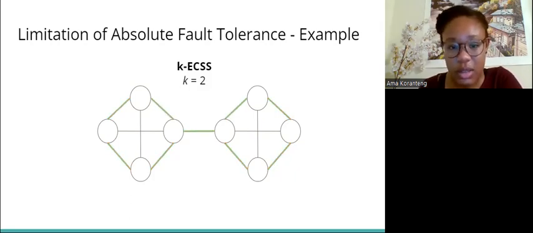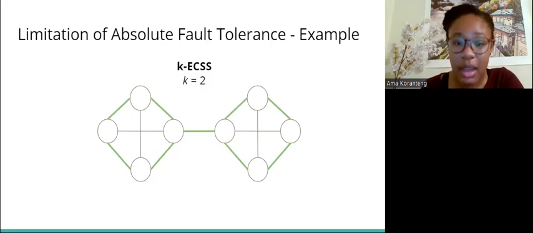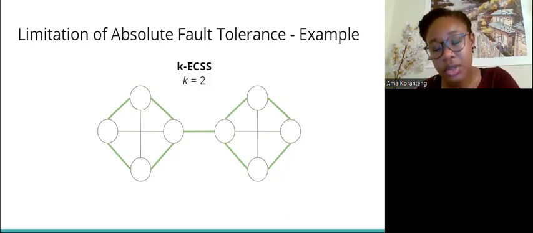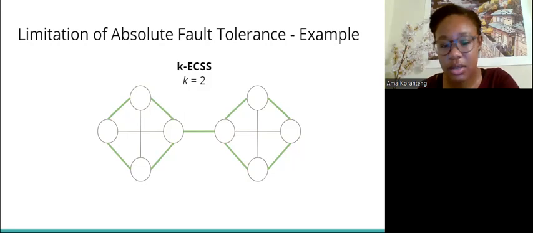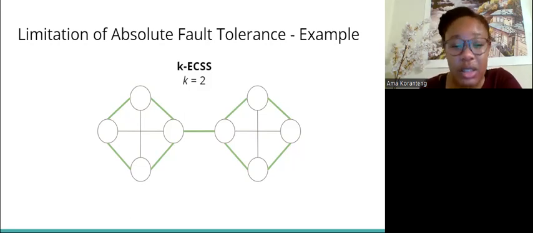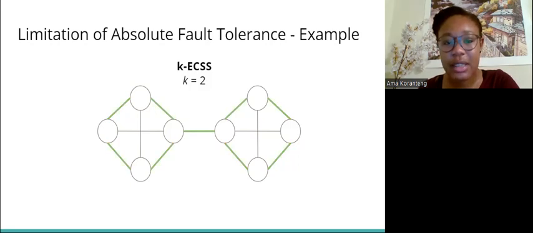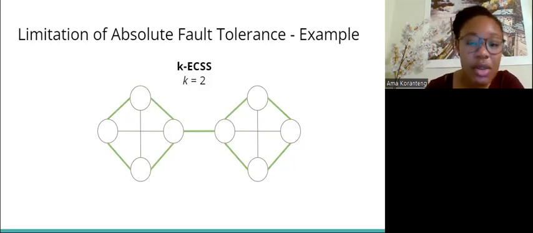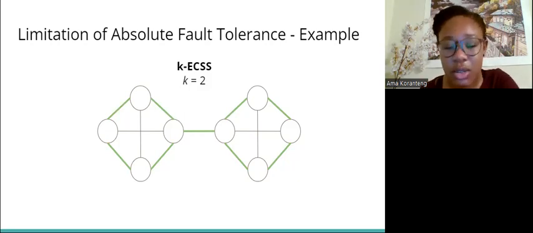So of course, this is not a solution to KECSS with k equals 2, and it's not an optimal solution for KECSS with k equals 1, since there are some extra edges here. However, the subgraph is in a sense a relative solution for k equals 2. For any edge fault set that has size 1, if that fault set disconnects the input graph, then it also disconnects our solution here, which, duh, we can't do anything about.